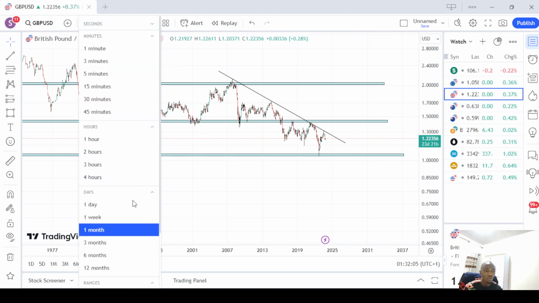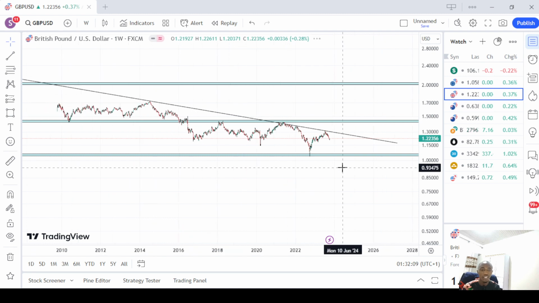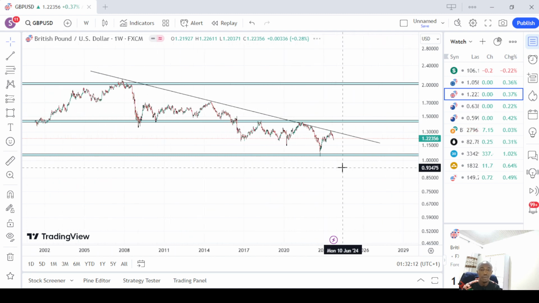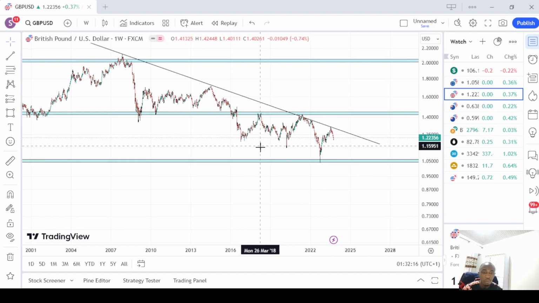You just come on to your weekly time frame. On the weekly, you look out for the minor zones, zones in between the major zones.